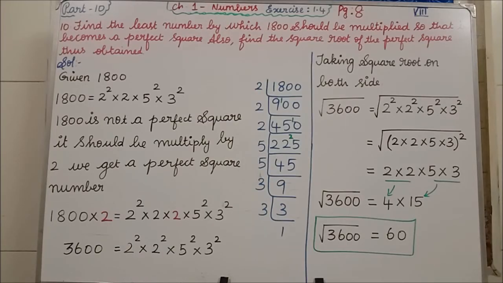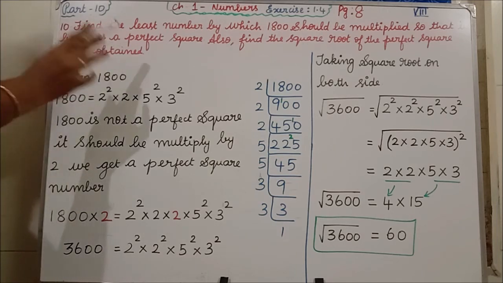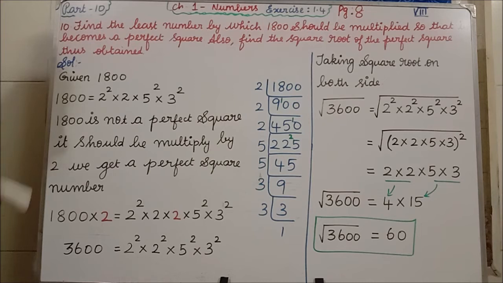Next, we will see the 10th question. Find the least number by which 1800 should be multiplied so that it becomes a perfect square. Also find the square root of the perfect square thus obtained. Students, in the 9th question they were asking what number should be subtracted to make a perfect square.